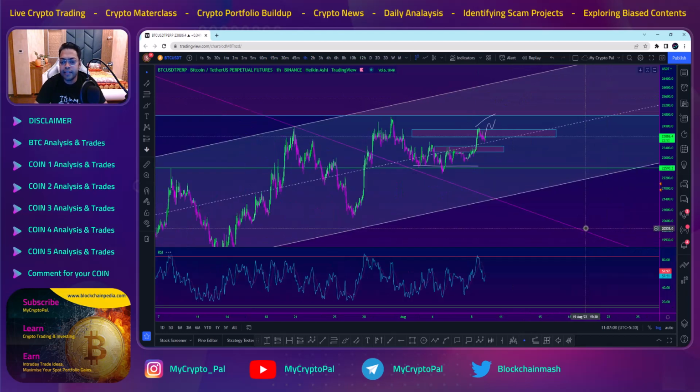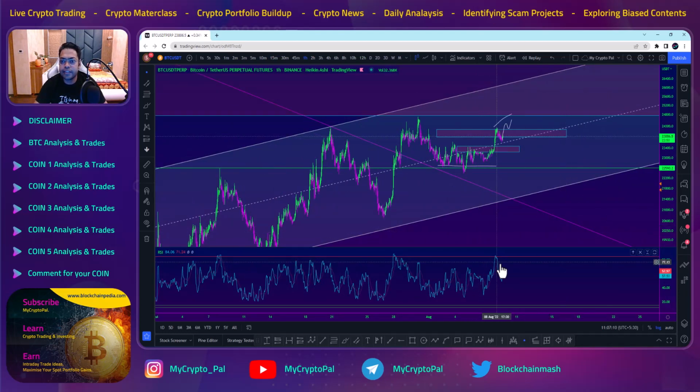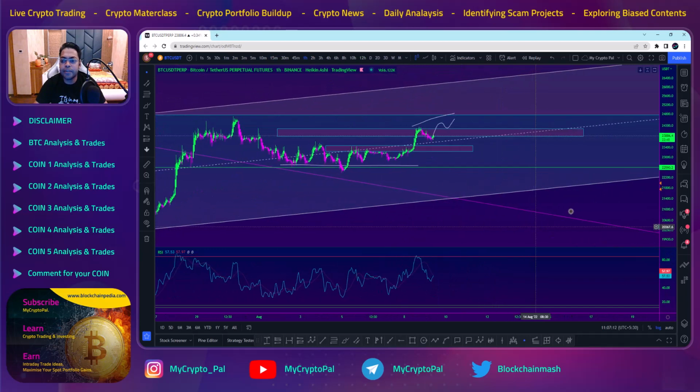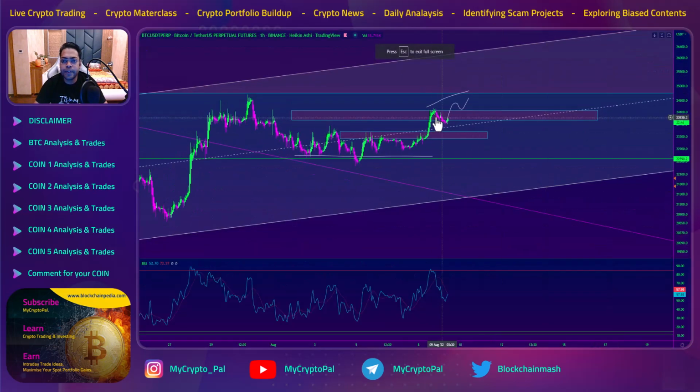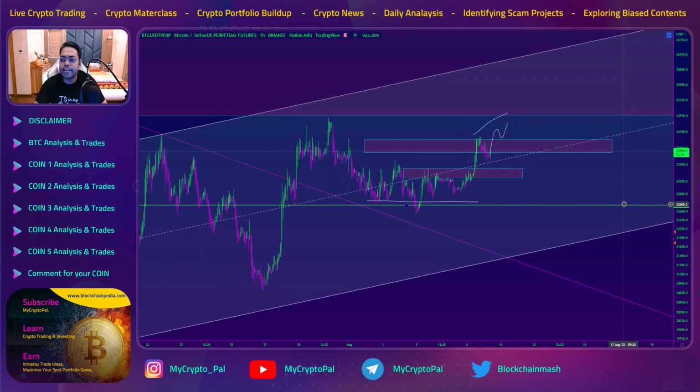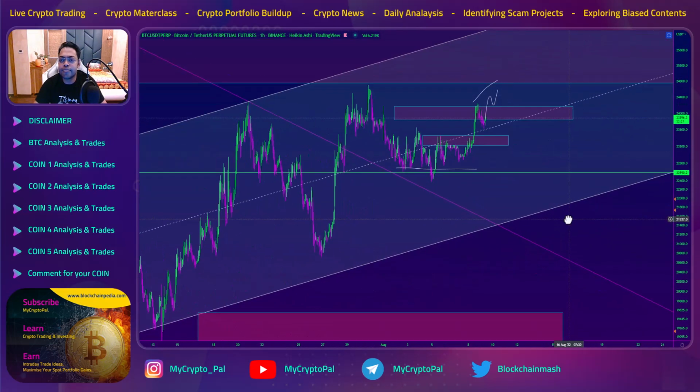I would like to see price going up like this, and RSI making some down curves like this. This will give us an indication that price is getting bearish, and a lot of traders are observing the sell pressure on top. Having said that, this is our plan for BTC.